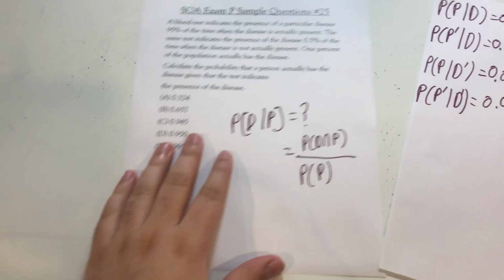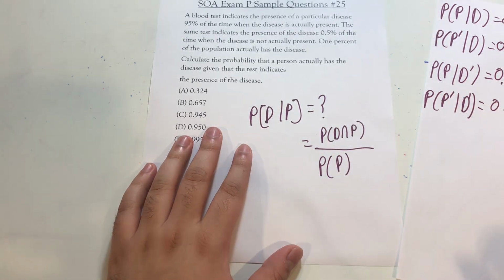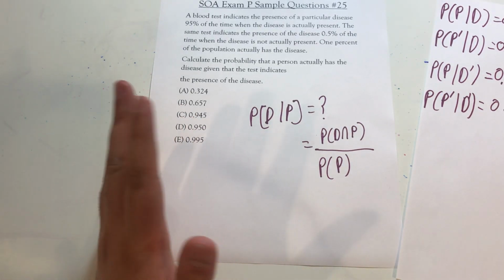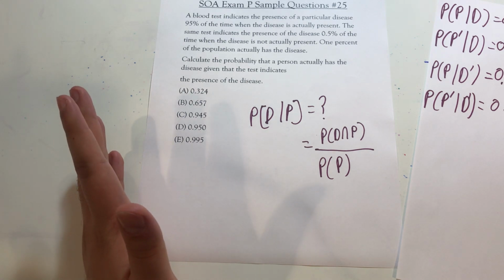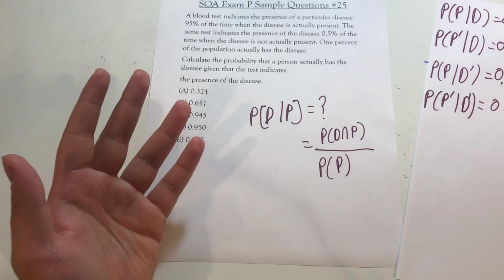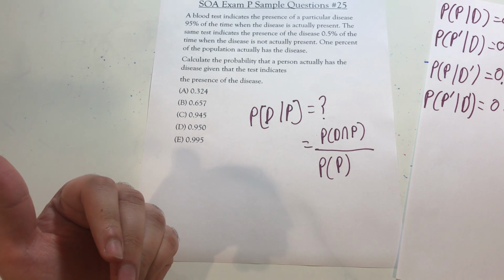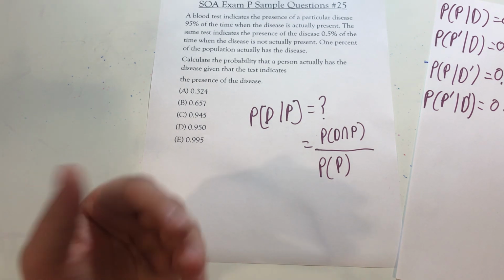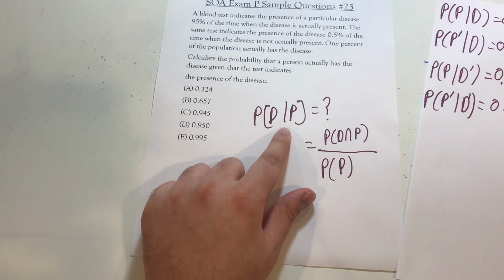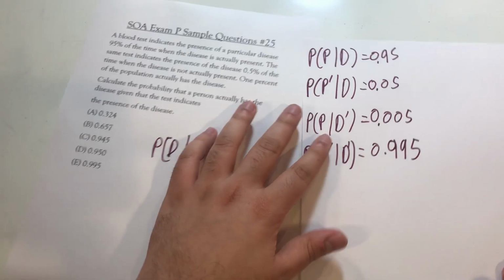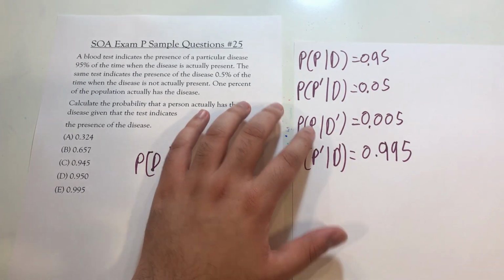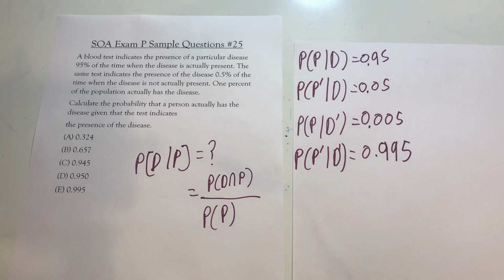Unfortunately, none of it seems to be the two pieces that we need. So clearly this is going to be a Bayes theorem problem. Bayes theorem problems are kind of apparent when we're asked to find, in this case, the probability of D given P, but what we have is the reverse, the probability of P given D. You should know at this point how to deal with a Bayes theorem problem.